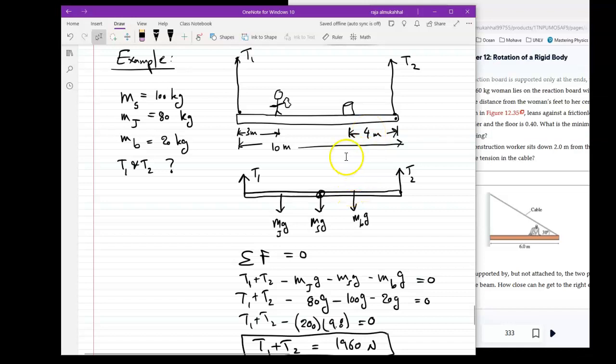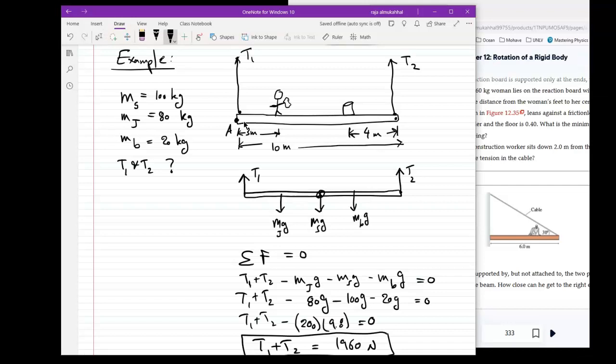When you use torque, the first thing you want to do is pick a point, and then you take the torque about it. I'm going to pick this point right here. It doesn't really matter which point, but I'm going to call it point A. Call it whatever you like, okay?